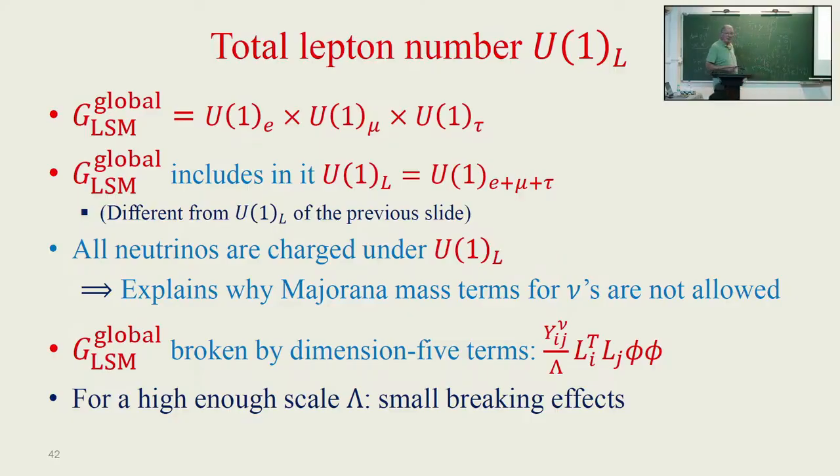But the accidental symmetries are a consequence of doing just the renormalizable terms. And indeed, already in dimension 5, the lowest dimension of non-renormalizable terms, there is a term that breaks all of these symmetries. So you can make a dimension 5 term, 2 lepton doublets and 2 Higgs fields. So let's see, all of these are doublets of SU2, and of 4 doublets you can make a singlet.